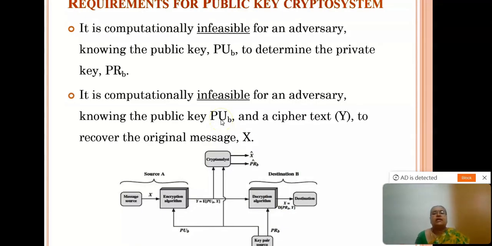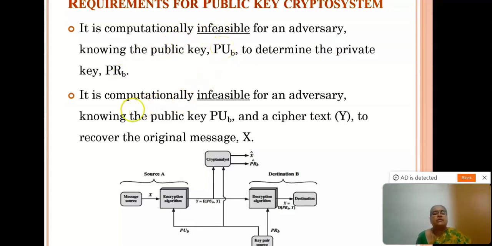The strength of this algorithm is that even though the hacker knows the public key, it must be infeasible for a hacker to determine the private key PRB. Even though PRB and PUB are related to one another, it must be infeasible for an adversary to determine the private key PRB even though he knows PUB.